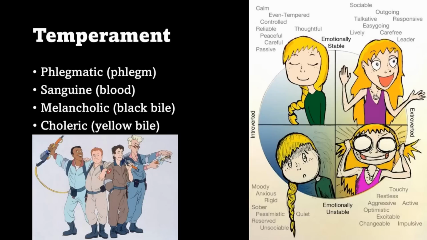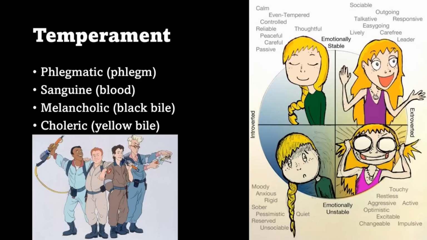And funny enough, I've got a picture of the Ghostbusters there, and pretty much most four-man teams fit into this. So, I mean, clearly Peter Venkman is a choleric character, bit touchy, can be aggressive. He's snarky, as we'll get to. Egon is cooler, more analytical. He'd be melancholic.